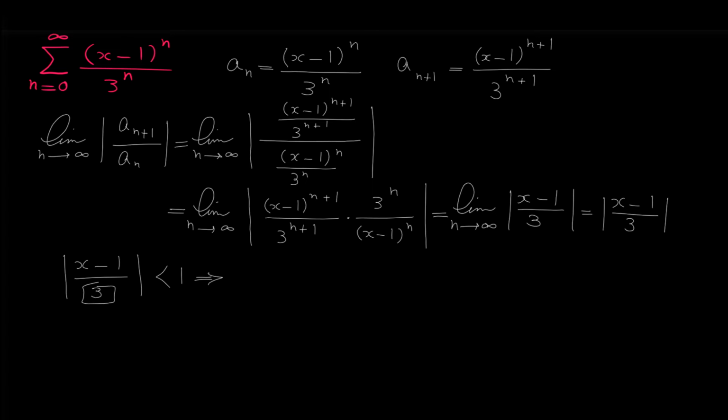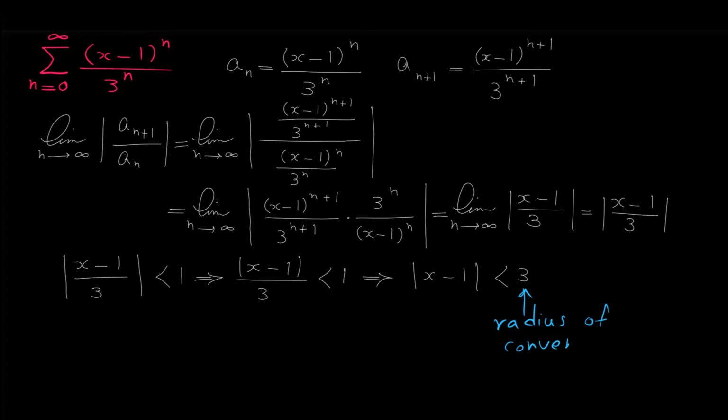Because 3 is positive, we can pull out 3 from the absolute value, and we can write this in the form of the absolute value of (x minus 1), over 3, less than 1. If we multiply both sides of this relation by 3, we get the absolute value of (x minus 1) less than 3. This 3 here is the radius of convergence for this series.